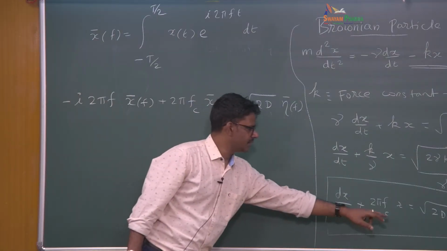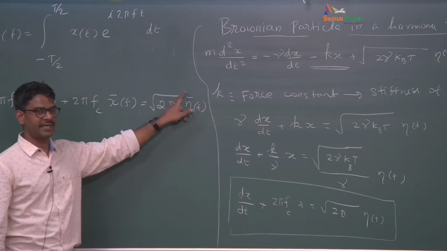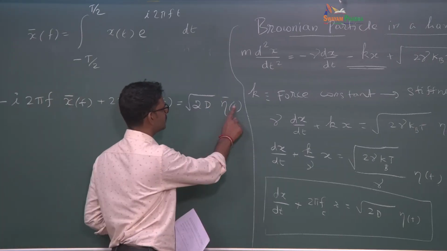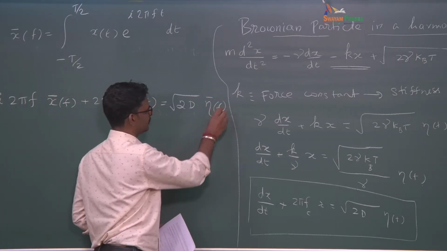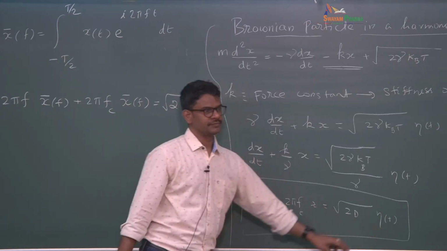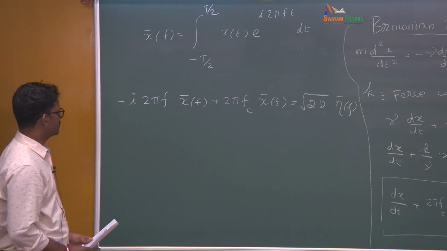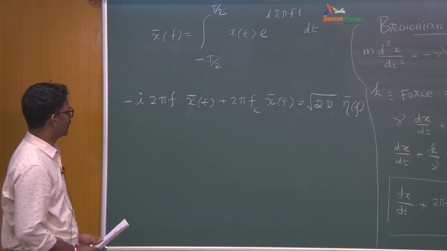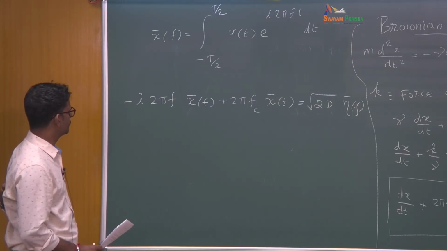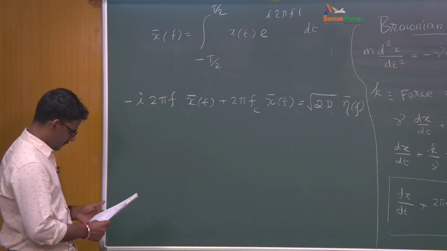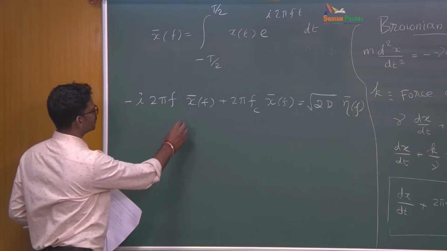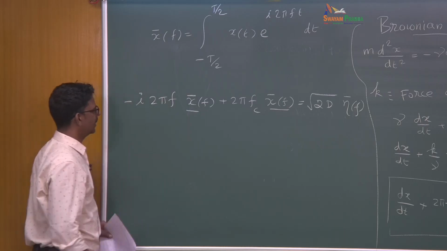In the last term, this Gaussian random variable has to be written in the frequency domain. Here it is in the time domain. You can see that it has become more of an algebraic equation. So from here we can try to solve for x.